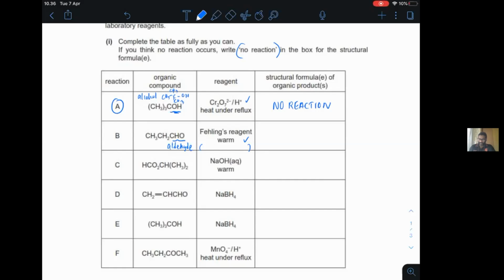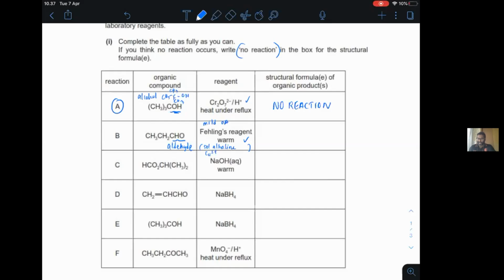It's a solution of alkaline copper 2 plus, where the copper 2 plus is blue in color. When you warm it, it changes into copper plus, which is a brick red precipitate. So what we are doing here is oxidizing. It's a mild oxidizing agent.